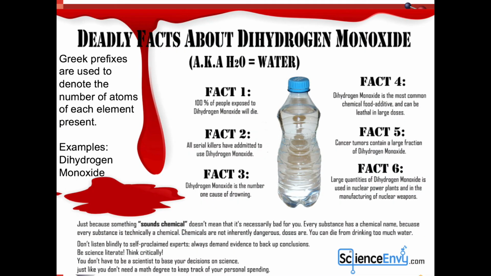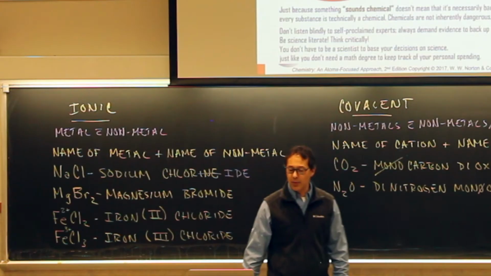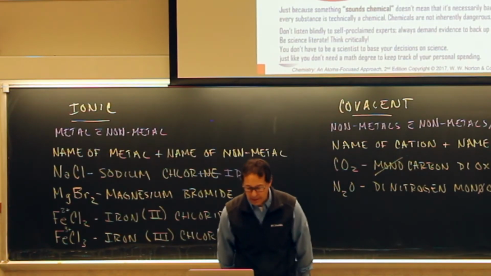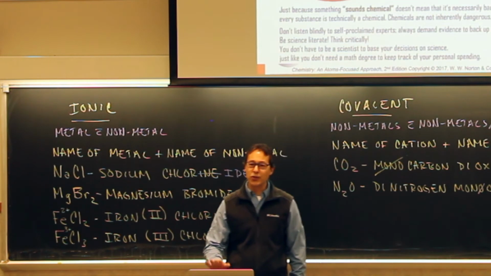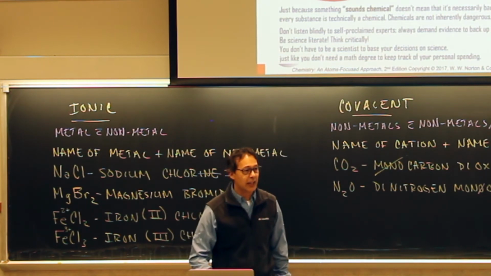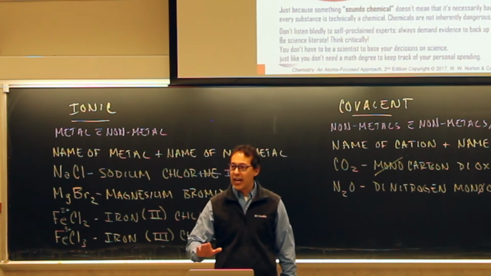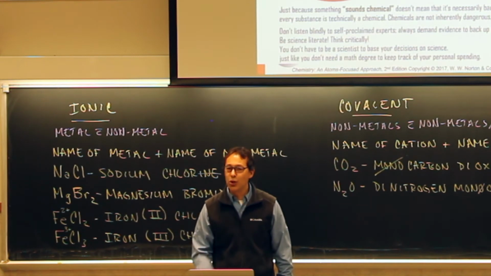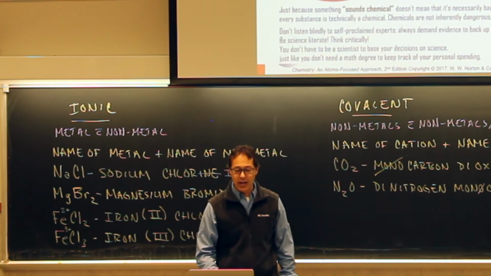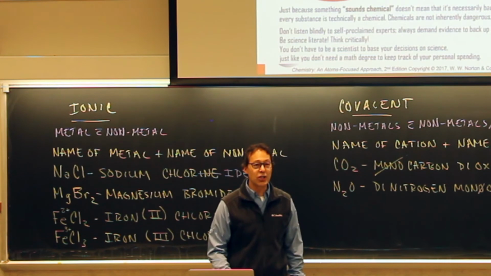A student for a science project had a petition to have dihydrogen monoxide banned, and went to all the parents in the neighborhood and said, did you know that 100% of people exposed to dihydrogen monoxide die? And did you know that dihydrogen monoxide is found in tumors? All tumors have dihydrogen monoxide in them. And did you know you have this in your home?